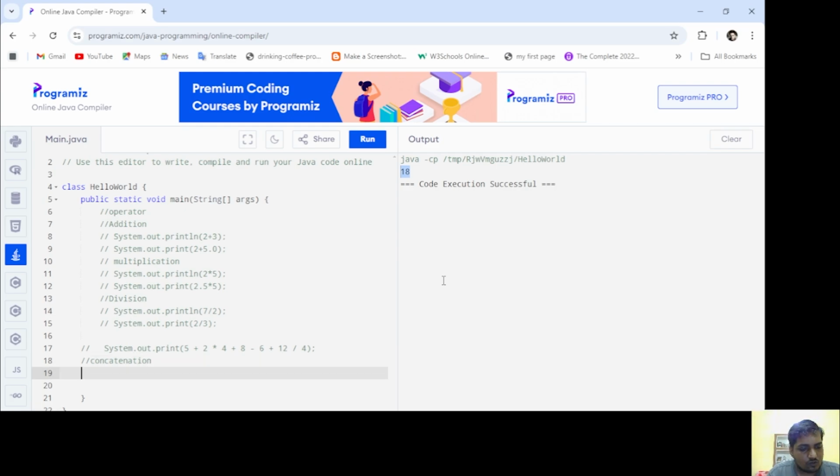Okay, so in concatenation, what will come in the picture?